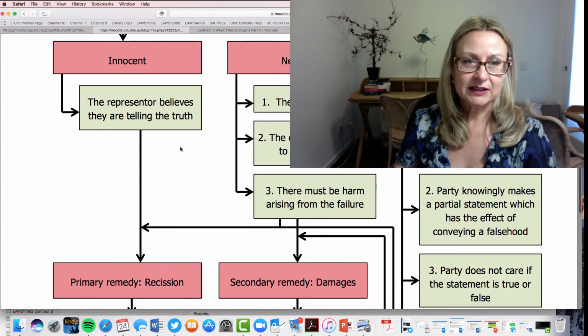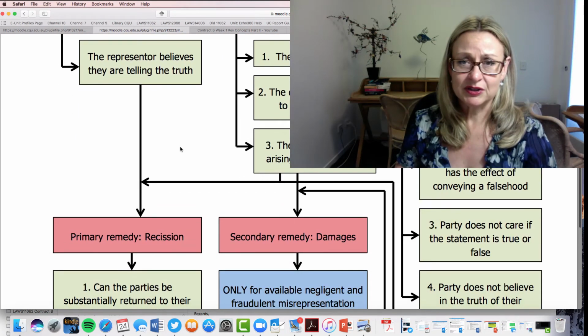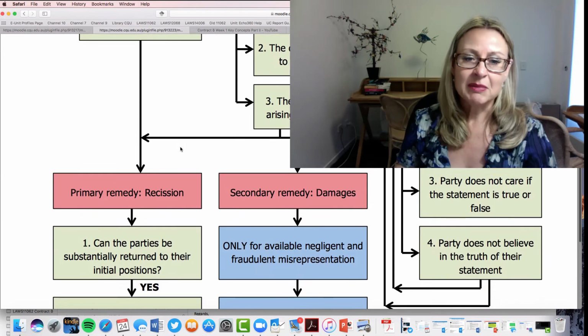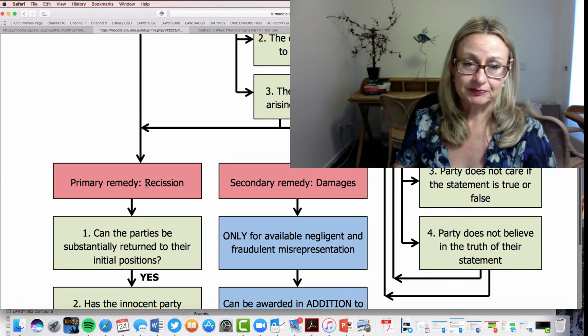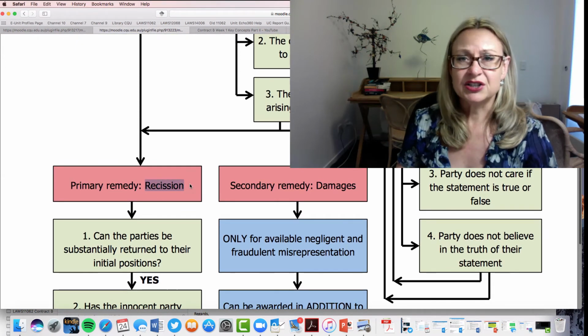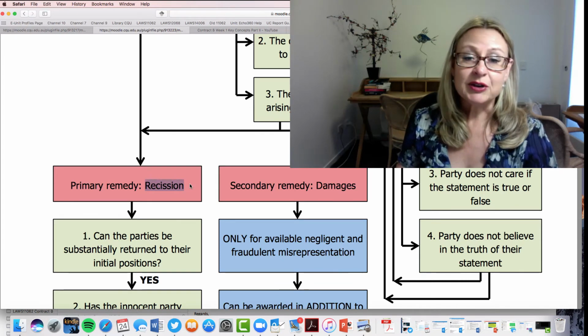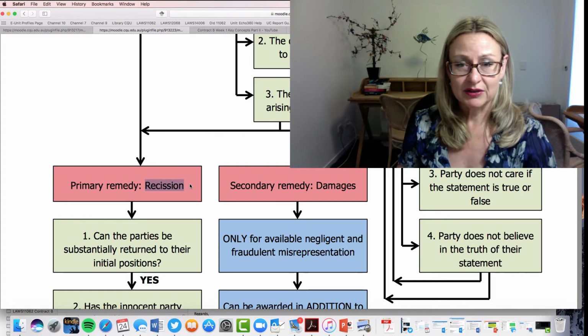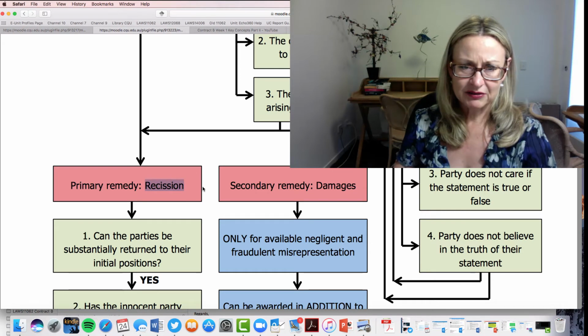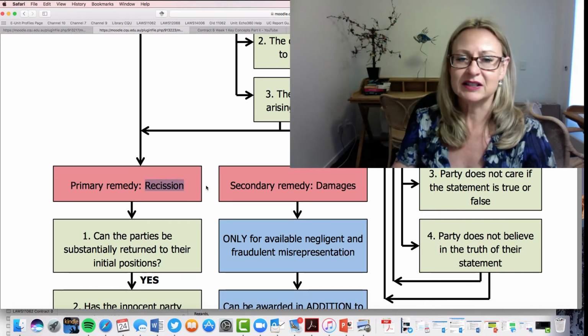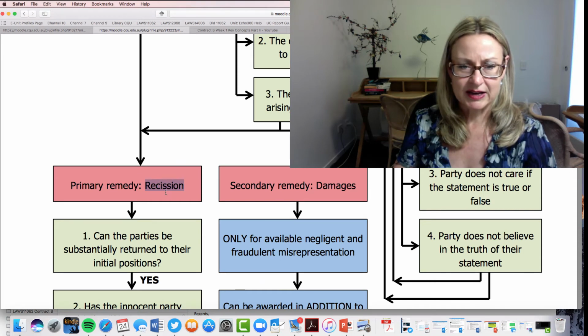Now, in this particular case, pretty easy peasy. Once you've established those three elements, your main remedy is going to be rescission. As you can see there, you just want to get out of that darned contract, okay? You cannot get damages for this particular form of misrepresentation. I know the damages box is right next to the rescission box, but as you can see, there's no nexus between the two, and there's certainly no availability of damages there.